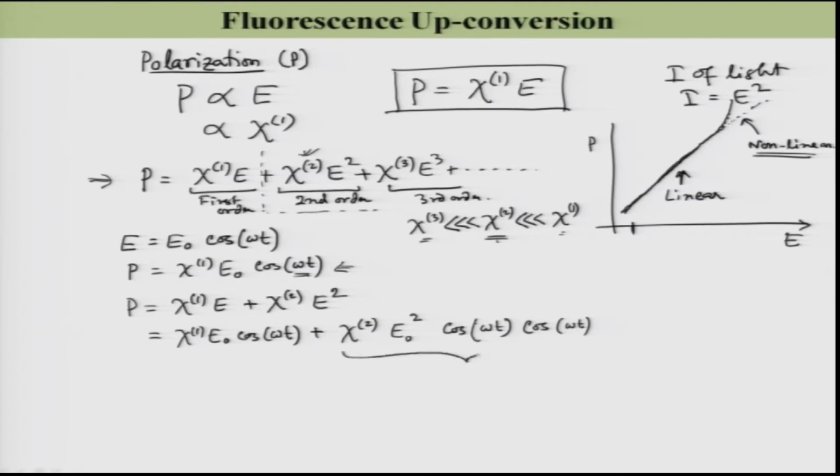So, this part will give you a cosine twice omega t term. So, what you see, you have this omega term as well as this 2 omega term, both terms are present for this polarization. That means the light which will come out of this system will have both the frequency that is actually hitting the substance and just the double of that frequency, which is 2 omega. Please note here, you have this omega here and you have this 2 omega here. That means the color of light will change, the frequency will become double.